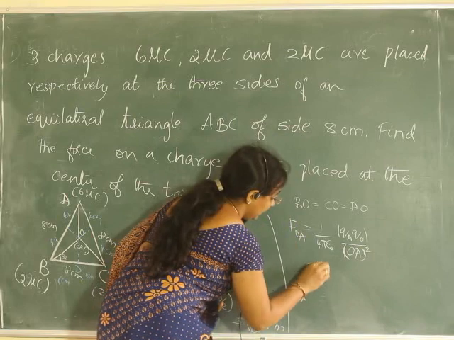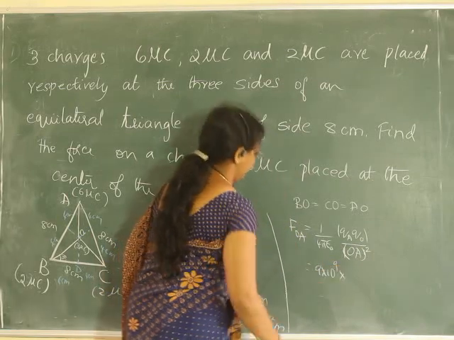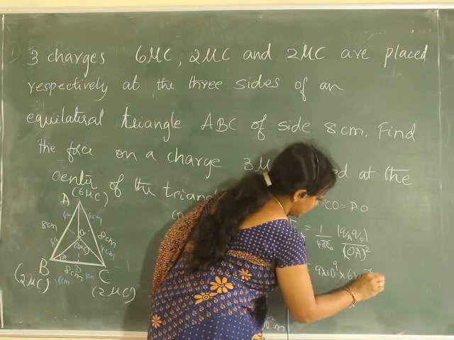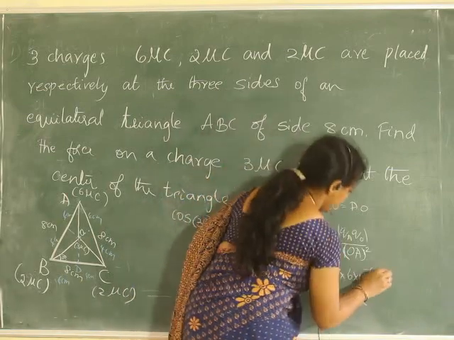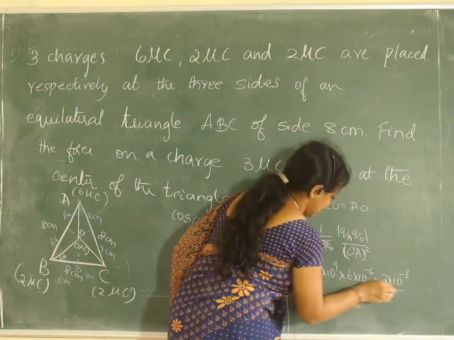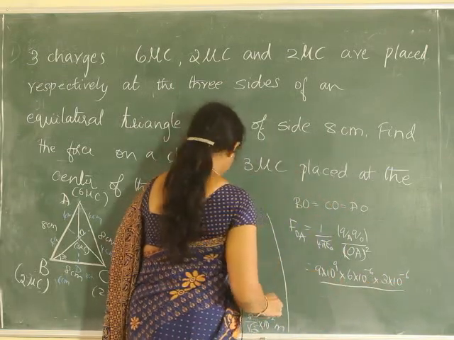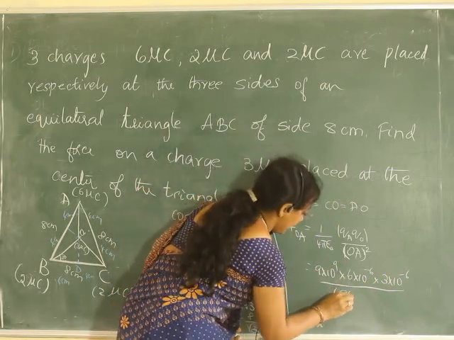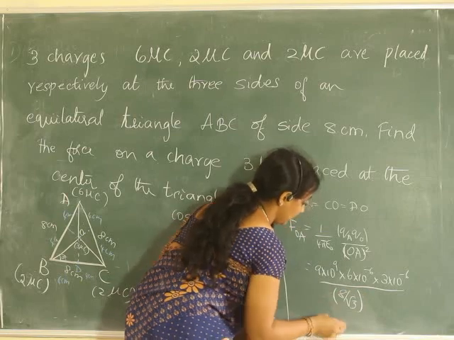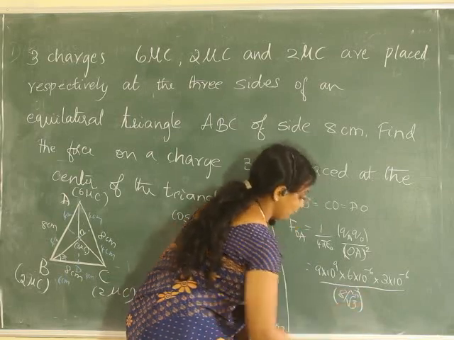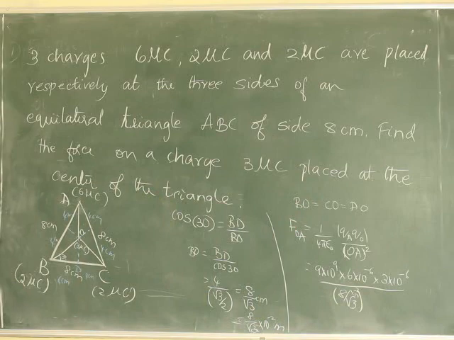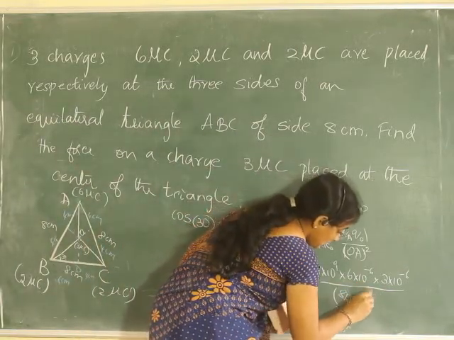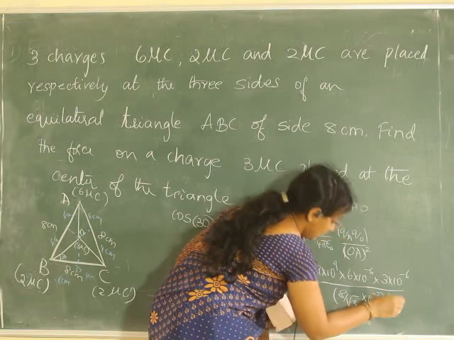Substitute 9 into 10 to the power 9 into QA 6 into 10 to the power minus 6, QO 3 into 10 to the power minus 6, divided by OA or AO or BO, which is one and the same, 8 by root 3 into 10 to the power minus 2. Standard value you have to use. Whole square.